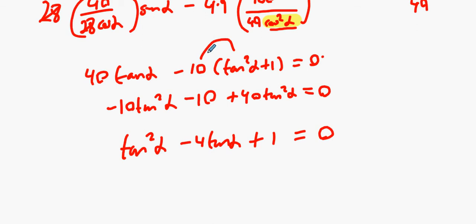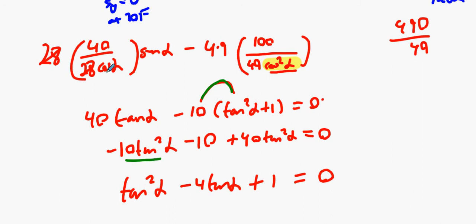No, tan alpha. Oh, it's up here. The sine alpha and the cos alpha became tan alpha. And tan alpha multiplied by 40 becomes 40 tan alpha. Oh, I see. But did I not divide across by 10? You have 40 tan alpha and then, oh, sorry. It's squared for some reason. Thank you. Thanks very much. 40 tan alpha. And this line was correct, but I made a little error there. Okay, thank you.